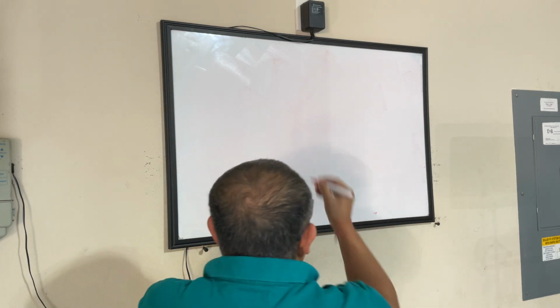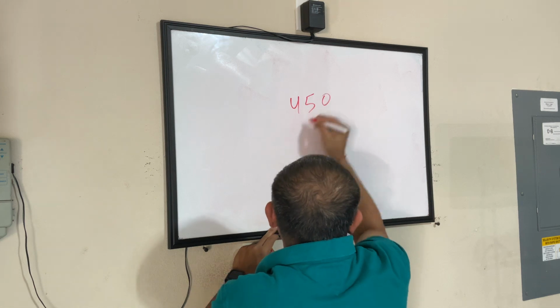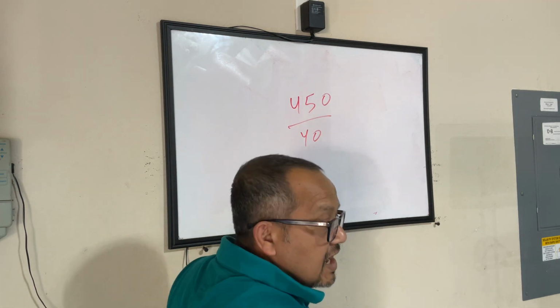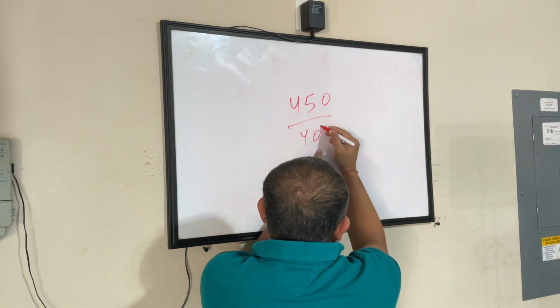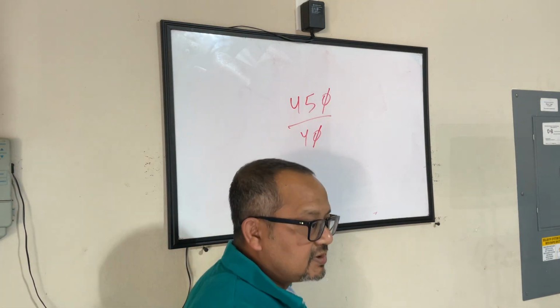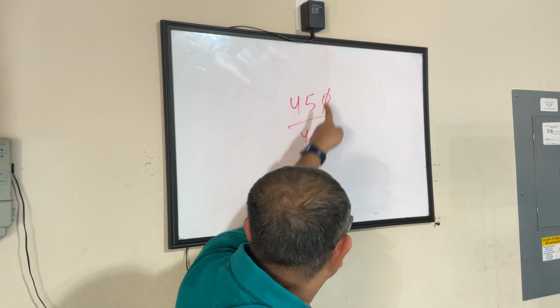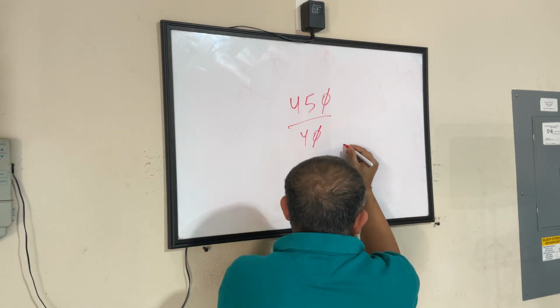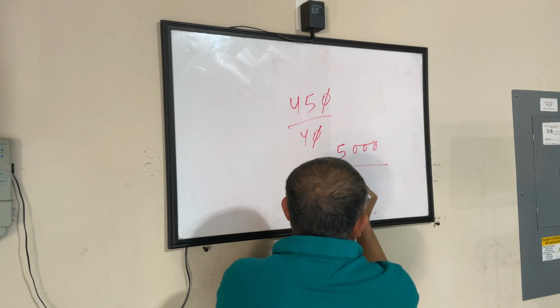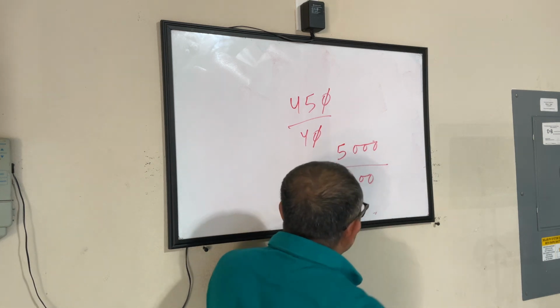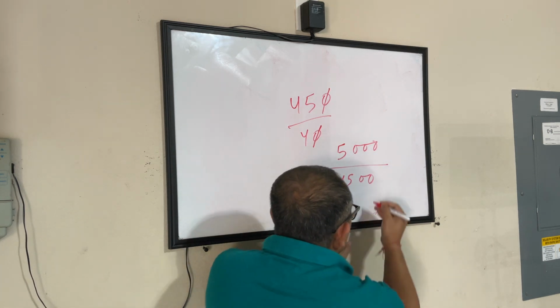Okay, coming back to this one. If I have 450 by 40, my simple trick here would be, if I have the 0 at the end, I can knock them off. Same number of zeros. If somebody says divide 5,000 by 4,500, it becomes 50 by 45.